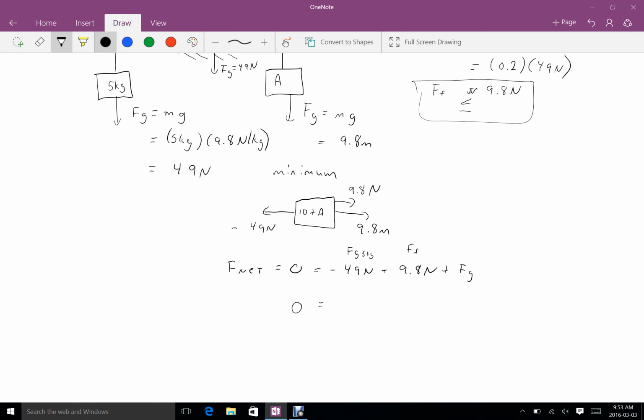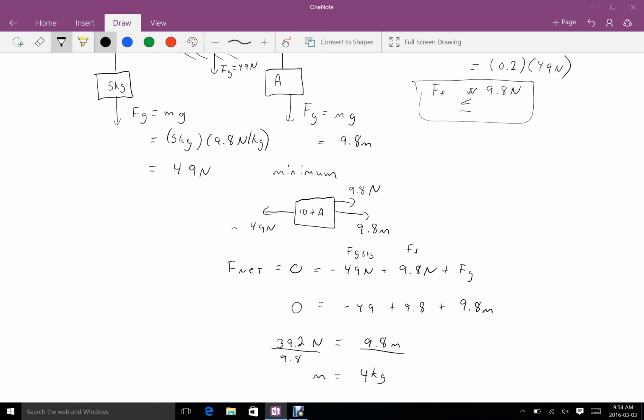So 0 equals negative 49 plus 9.8 plus 9.8 m. Bringing these two guys to the other side and adding them together, I get 39.2 newtons is equal to 9.8 m. And then if I divide both sides by 9.8, I'll see that my mass is equal to 4 kilograms.